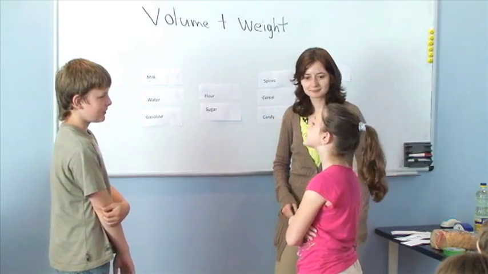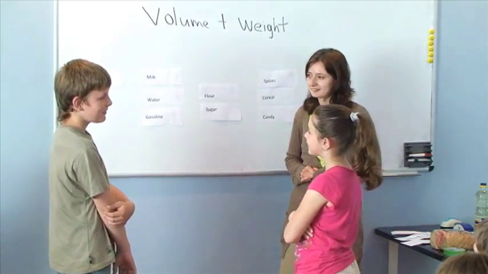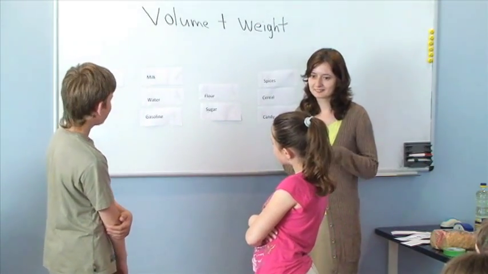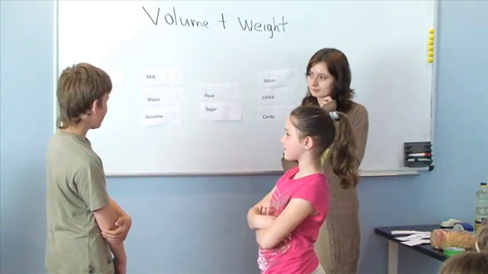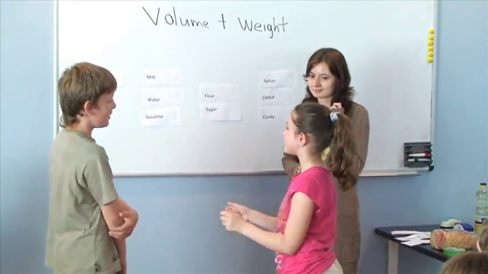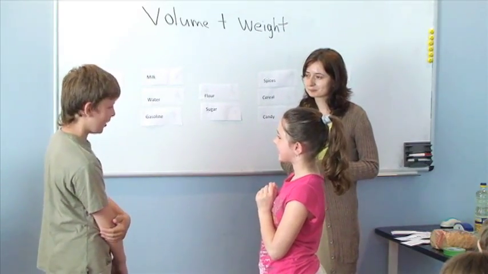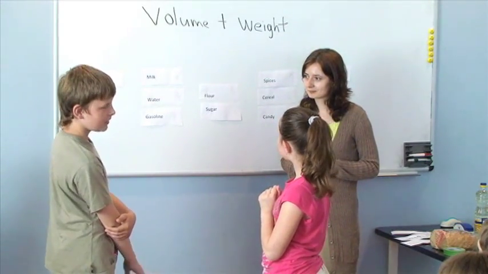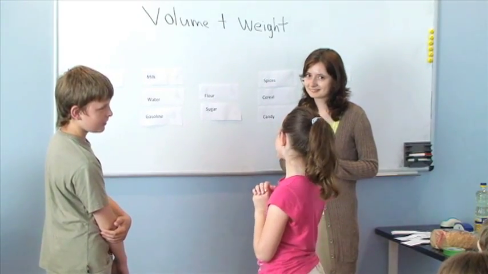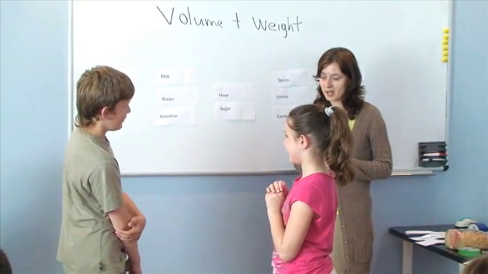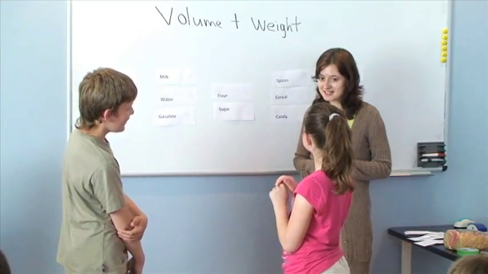Good afternoon. Can I help you? Yes. I want 1 kilogram of rice. Okay, here you are. And maybe you have to buy something else? Candies. Candies? How much? How many? Wow. 2 kilograms of candy.